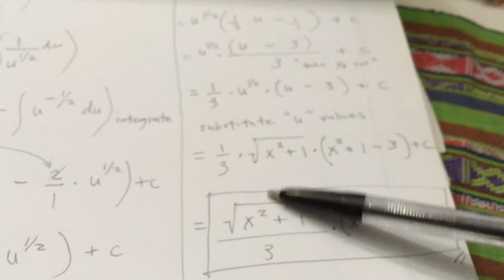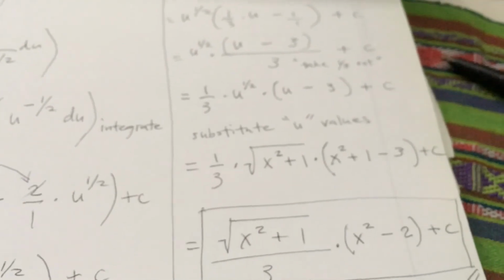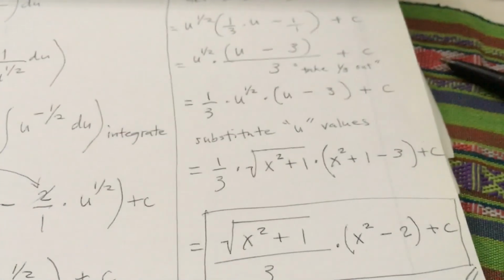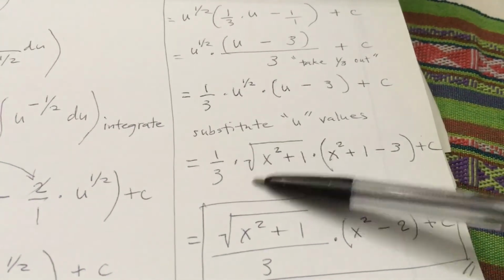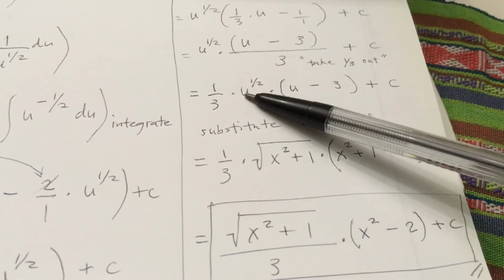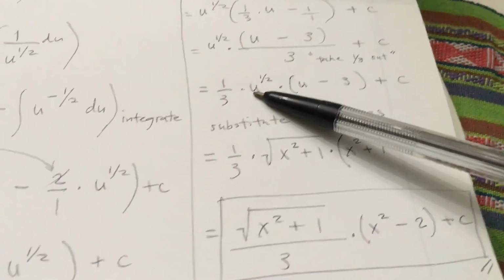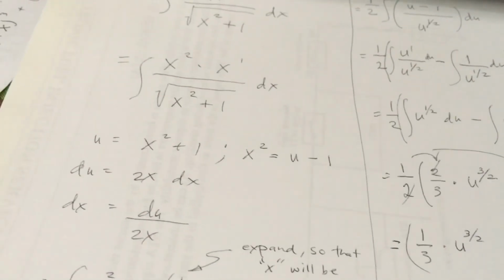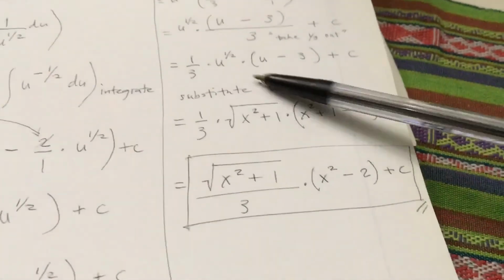And after that, you can convert the u raised to the 1/2 to a radical sign, and then substitute the value of u. The value of u is x squared plus 1.